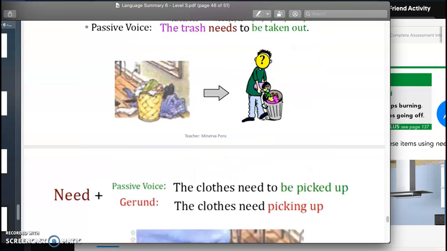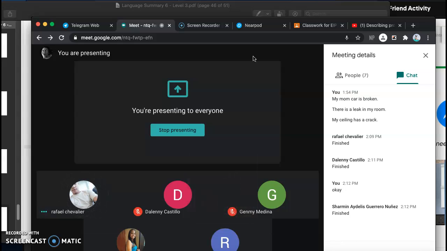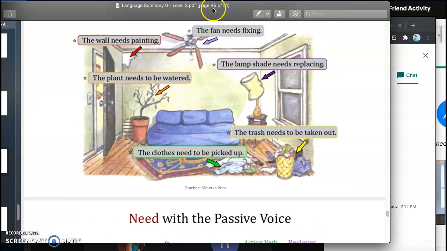It's basically the same. Teacher, I have a question. Yes. Always, I need to use in the third person ing, and when it's in plural, I need to use the passive? No, no. The singular, you can use anything you want basically. What I'm explaining is just for the S on the need. The clothes need, the plant needs, they need, it needs.